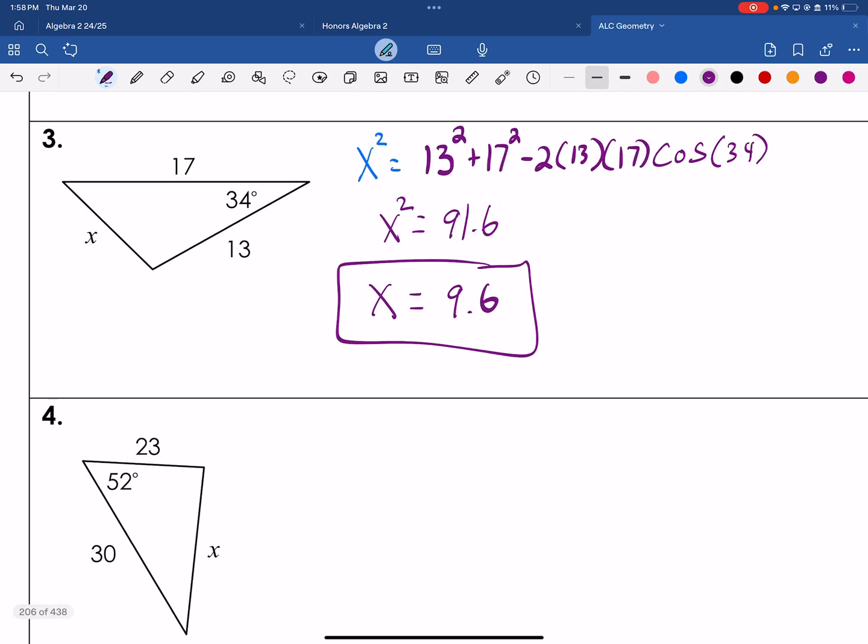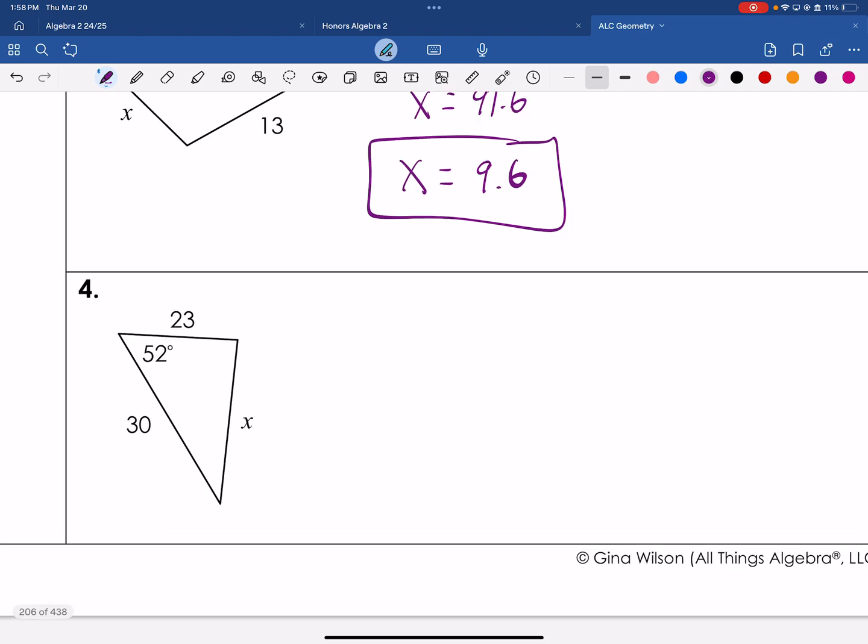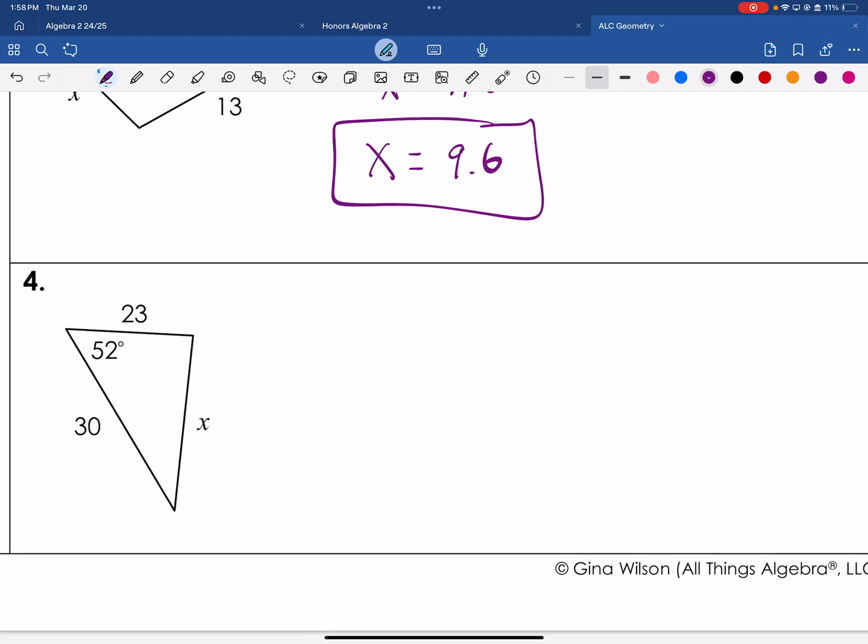Questions with that one? Last one we're going to do. All right. Take number 4 from beginning to end, and this is the last one we're going to do. Find the value of x using the law of cosine.